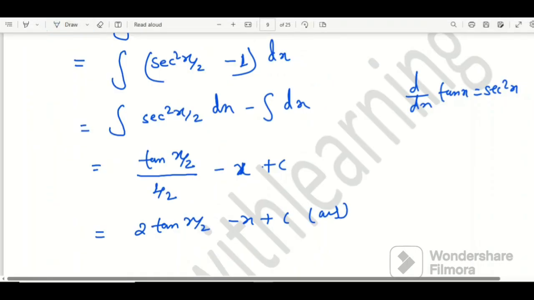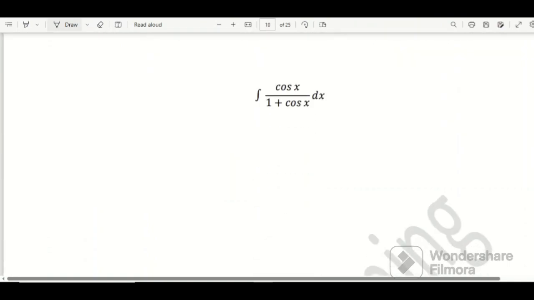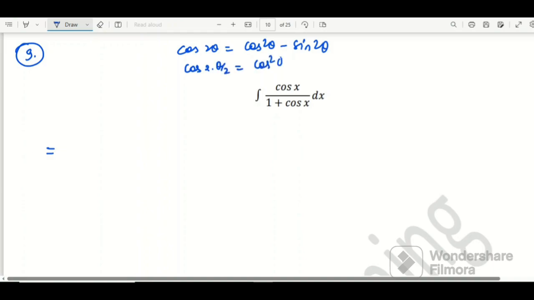Okay, it's good. So now we are moving on to the 9th number. Here we'll use the trigonometric identity cos 2 theta equal to cos square theta minus sin square theta. But here we have cos theta only. So what we'll write is cos 2 into theta upon 2 equal to cos square theta upon 2 minus sin square theta upon 2.